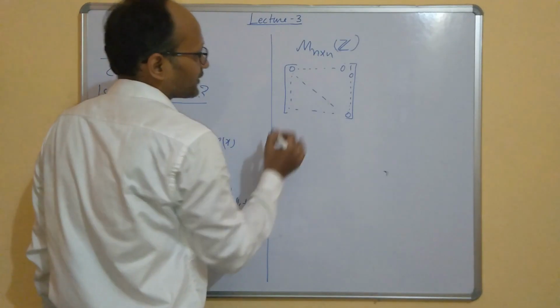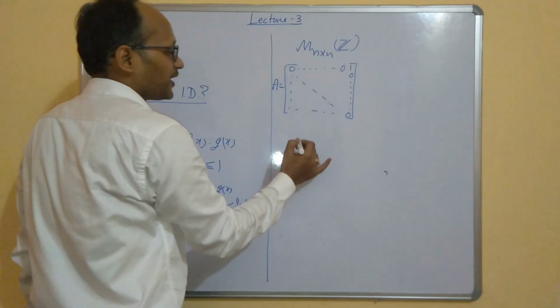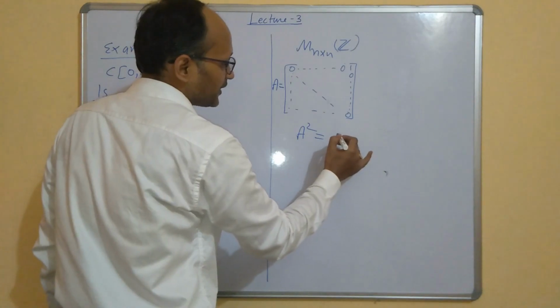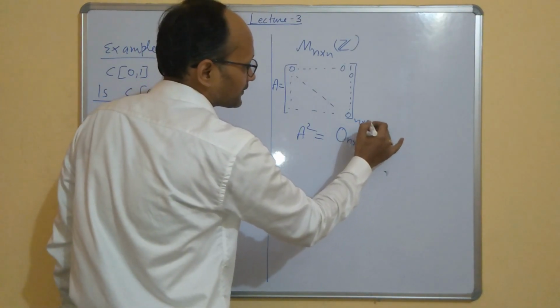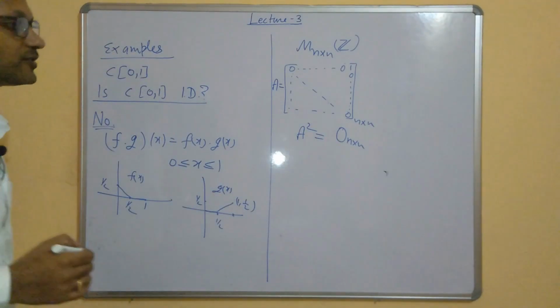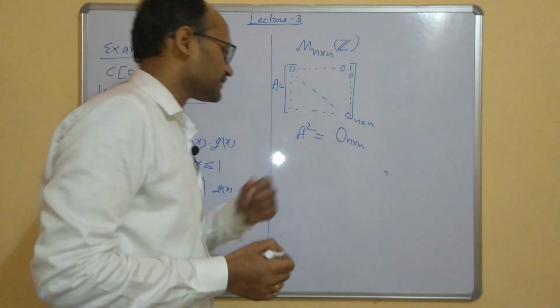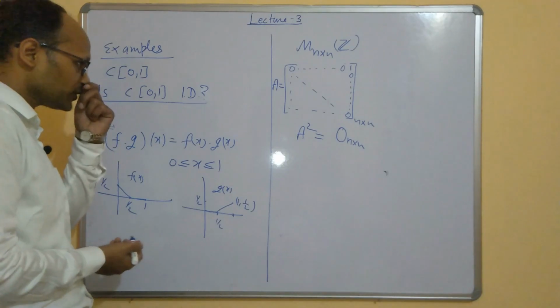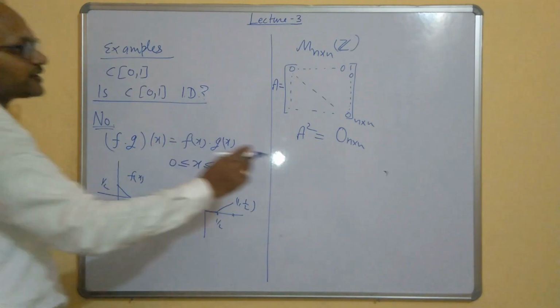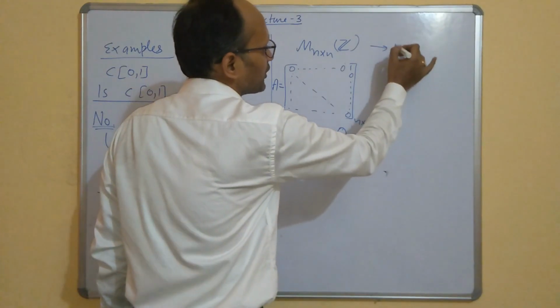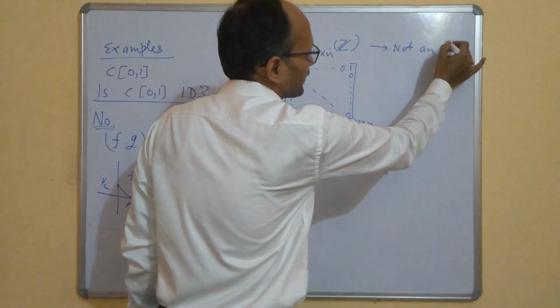Suppose I take this matrix A, and what about A square? A square is a 0 matrix, n cross n. So it means it has a zero divisor. It has two non-zero elements whose product is 0. So this is not an integral domain.